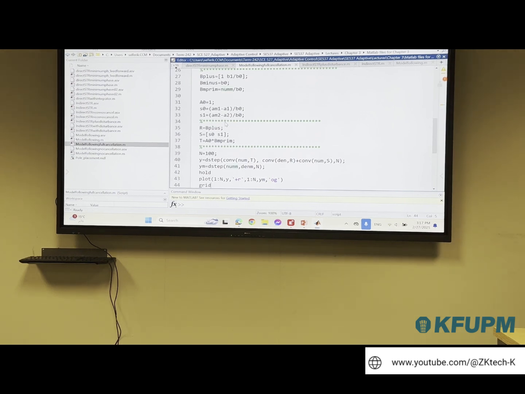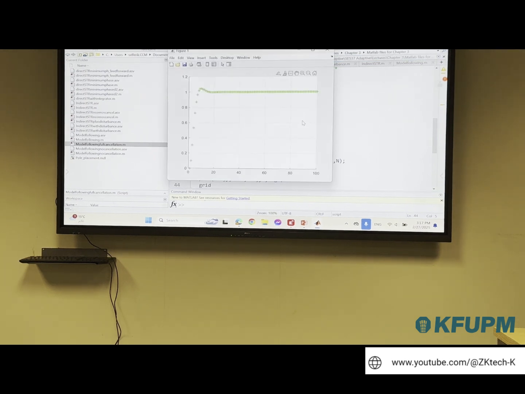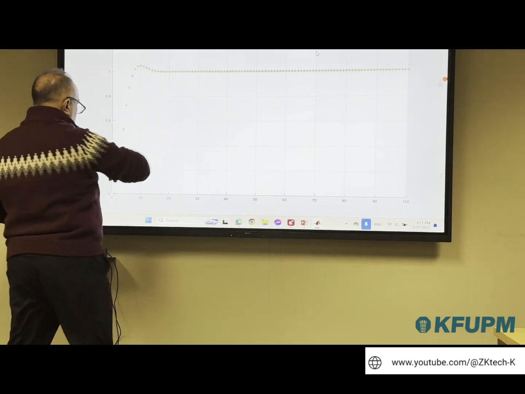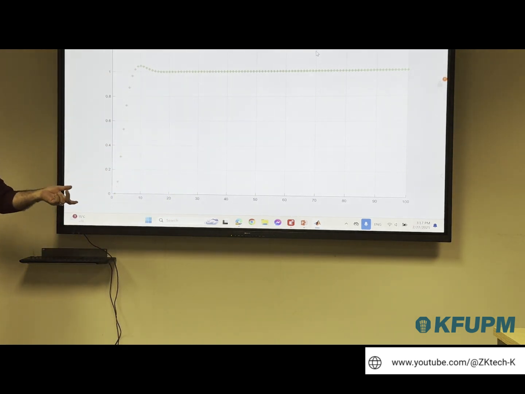This is the design, assuming that I know the values of B and A; they are known to me. So if I run the system here and see the performance, the plus marks are the reference model, and the circles are the response of your system.